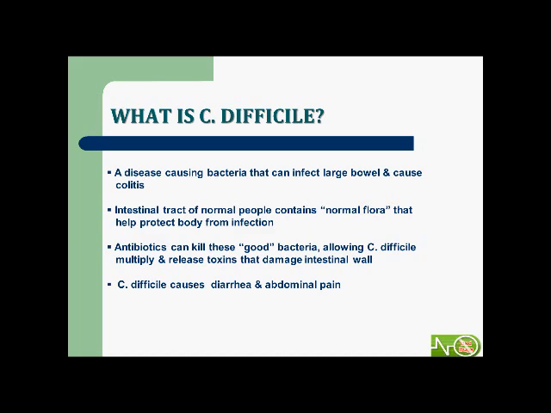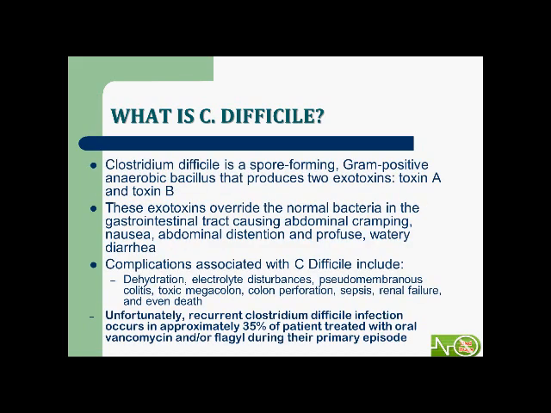associated with it. And Clostridium difficile is a spore-forming organism that is gram-positive anaerobic bacillus, and it produces toxins, toxin A, toxin B, and toxin AB. And these toxins cause the abdominal cramping and abdominal distension and diarrhea, causing the dehydration and toxic megacolon and sepsis and even death.